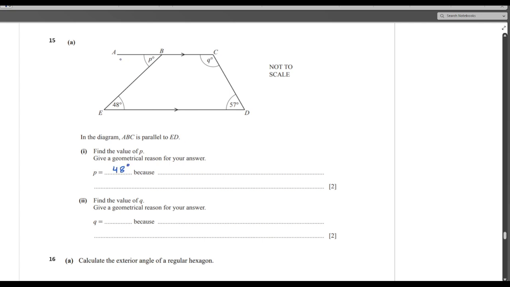Because AB is parallel to ED, your angles are alternate angles, and alternate angles are equal. So for parallel lines, if you are getting alternate angles, they are equal.